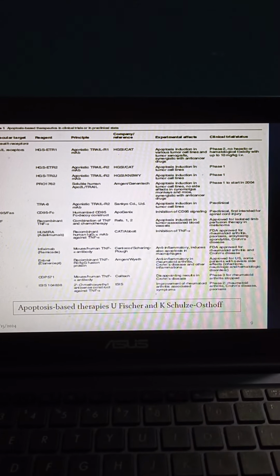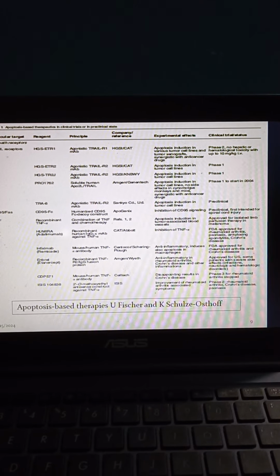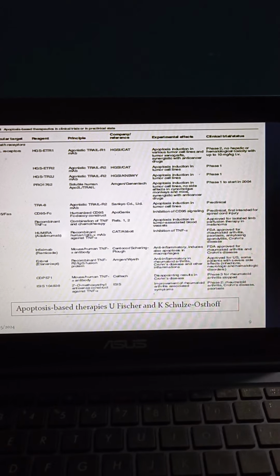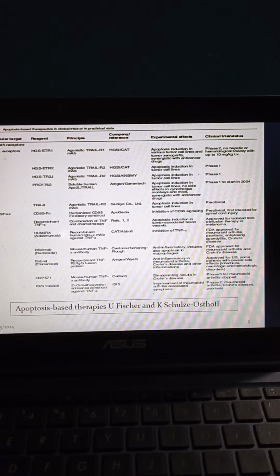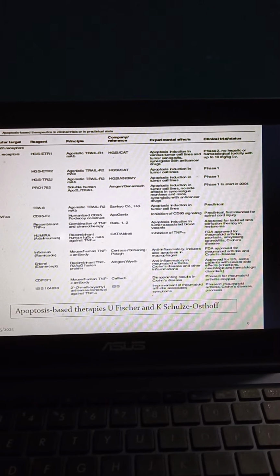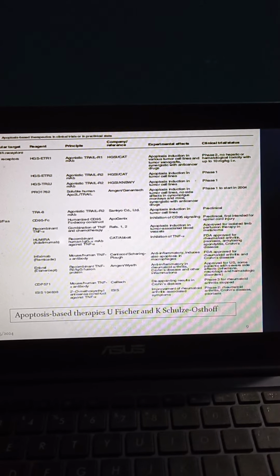TNF, recombinant TNF alpha, is approved in isolated limb perfusion therapy in melanoma. Humira, adalimumab, acts on TNF alpha and is FDA approved in rheumatoid arthritis. Infliximab is FDA approved in rheumatoid arthritis and Crohn's disease.